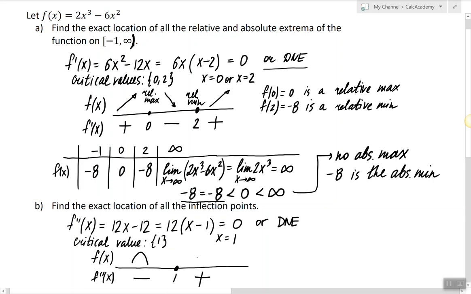When the second derivative is positive, the function is concave up. Since at 1 concavity changed and 1 is in the domain of the function, we say that 1 is the inflection point, and we can find the value of the function at 1. It is -4, and it's the only inflection point.